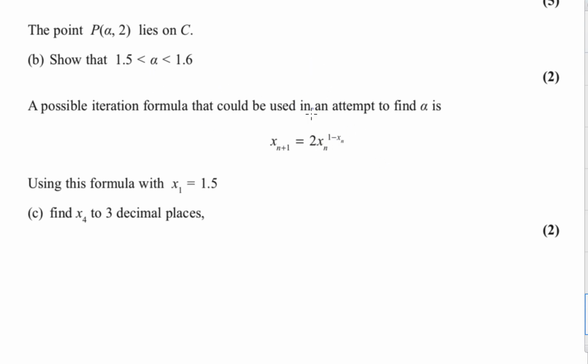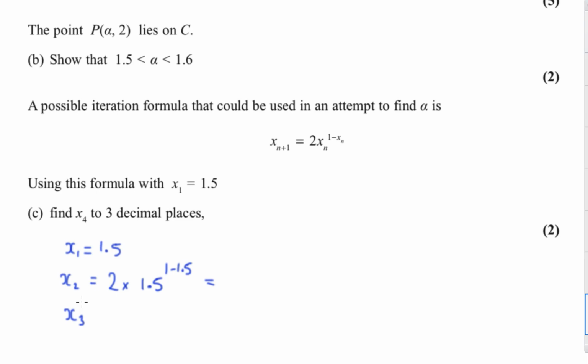Okay, it's then given us the iteration formula, or an iteration formula. x n plus 1 is equal to 2 x n to the power of 1 minus x n. So it wants us to start with x1 being 1.5. x2 is then going to be 2 lots of x1, so 2 times 1.5 to the power of 1 minus x n, so 1 minus 1.5. Now you can put these in on your calculators really quickly, really easily. I think I've done a video on this if you want to look it up.